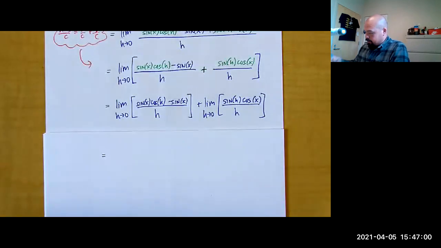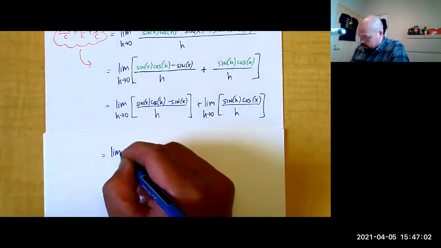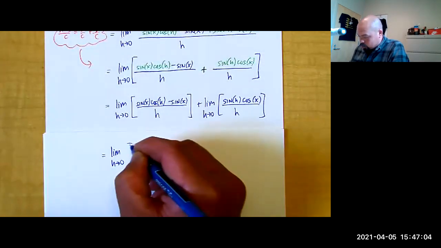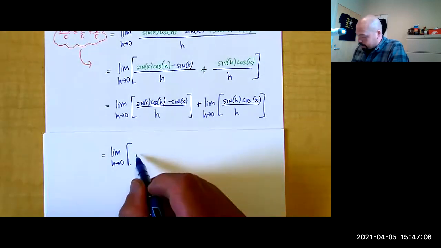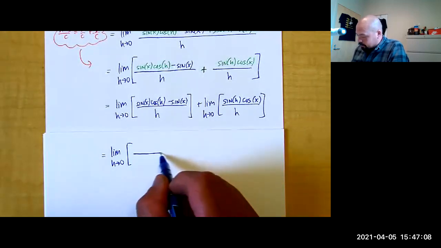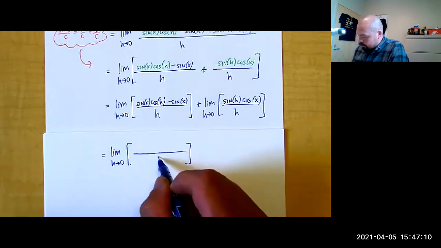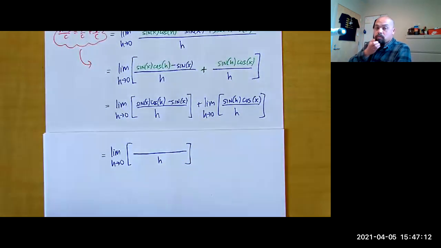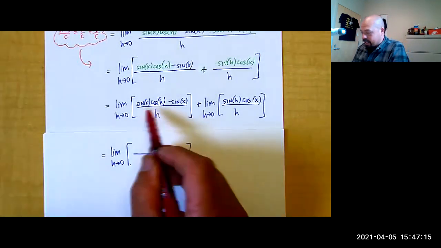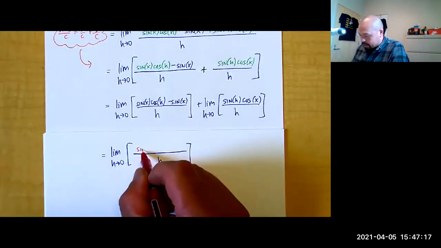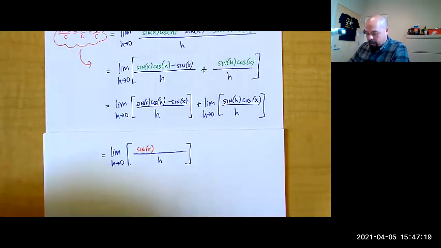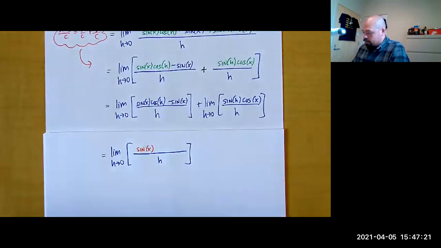Now here comes some of the algebra work to get those two special limits to show up. So in this first one, we can see they both share that same sine of x. I'm going to factor out that sine of x. And when I do that, what's left over?